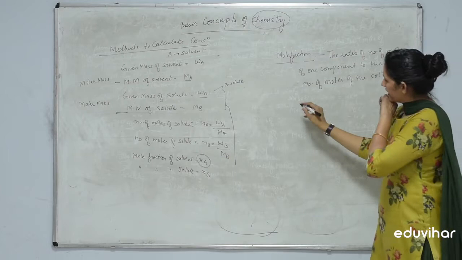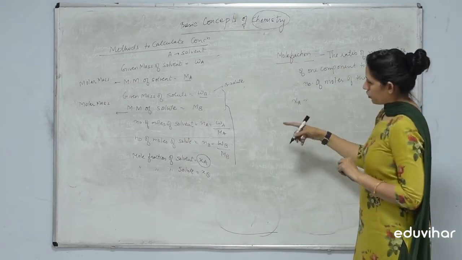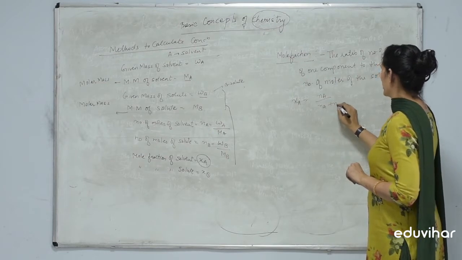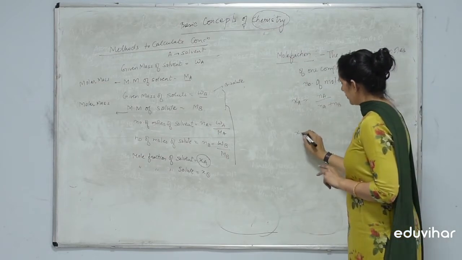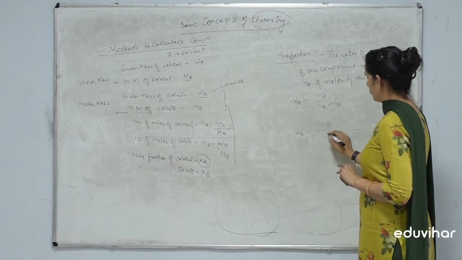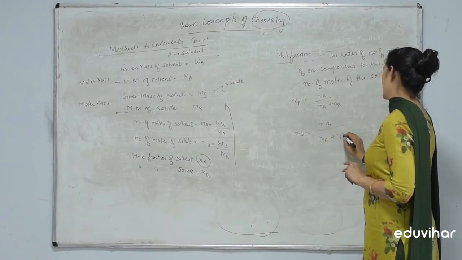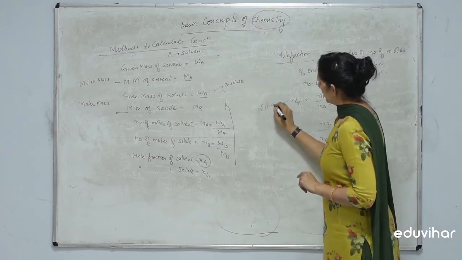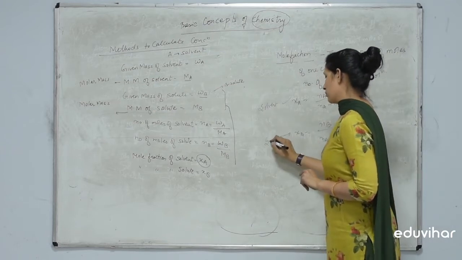For example, XA, the mole fraction of solvent, is equal to NA upon NA plus NB. Next, XB is equal to NB upon NA plus NB. This is the mole fraction of solvent and this is the mole fraction of solute.